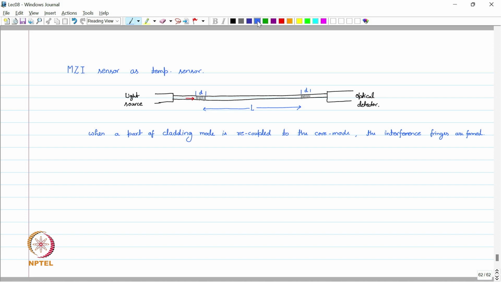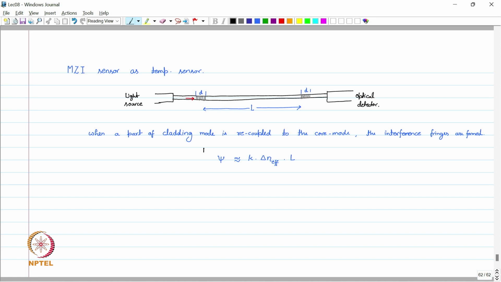And the phase change is given by K times delta N effective times L, which is the distance between these two fringes.